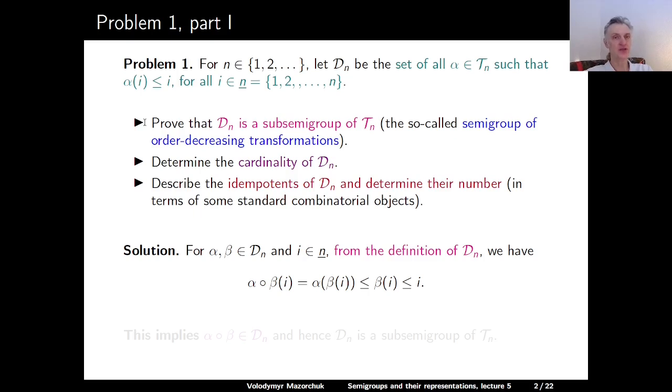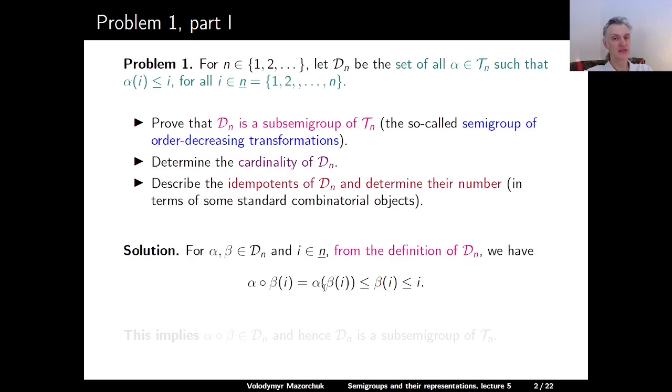So we have two order decreasing transformations. Let i be some element in our set n underlined. So this is the set 1, 2, and so on, all the way up to n. Using the definition of Dn, the composition of alpha and beta applied to i is equal by definition to alpha applied to beta of i.